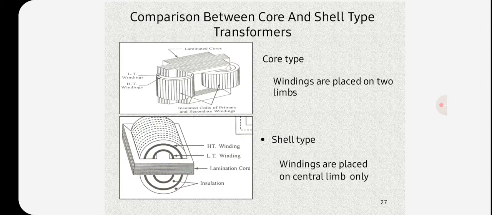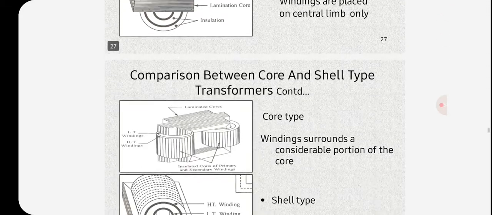In core type, the windings are placed on two limbs. But in shell type, the windings are placed on the central limb only. That is the difference between core type and shell type.